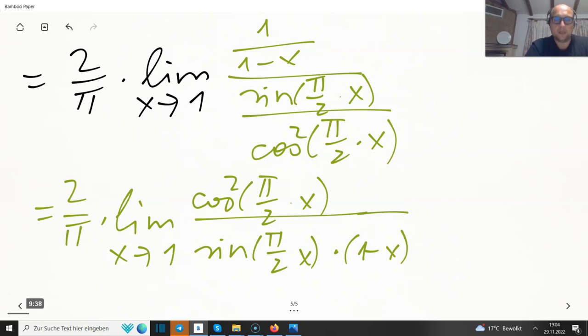So let's see what's happening here. If I put 1 for x right now, I'm going to get a cosine squared of pi divided by 2, which is 0. If I put 1 for x in the denominator, I'm going to get 1 here, but 0 again. So it's a case for the second step by L'Hopital.